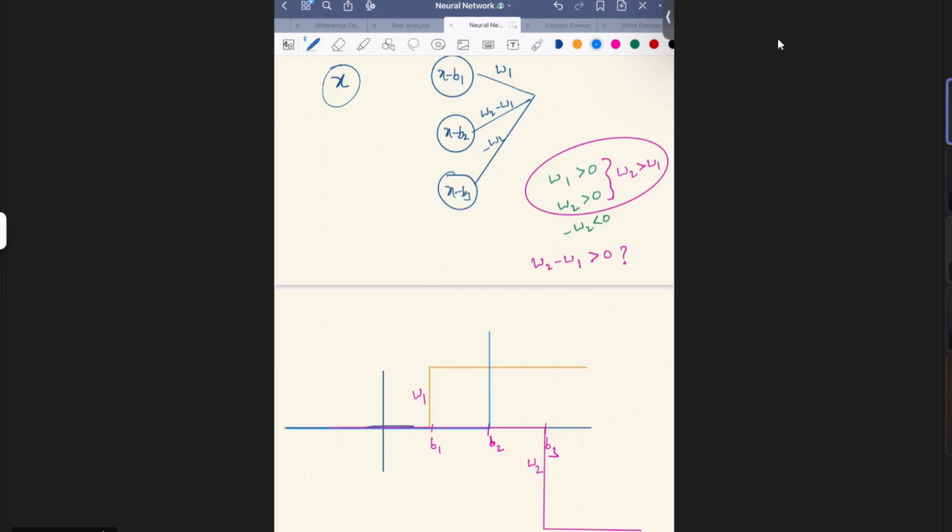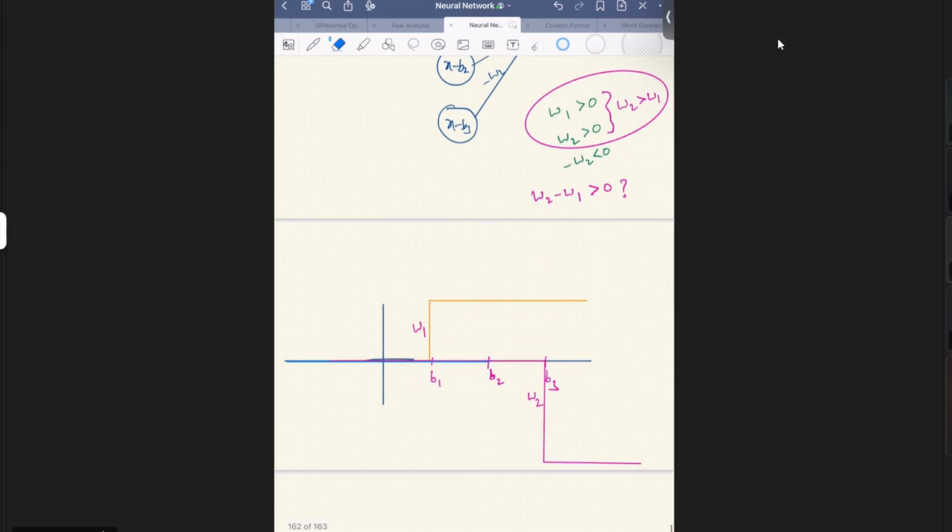So then, okay, let's see if this one is the thing. The height would be kind of like this, because W2 is positive, W2 is down, and W1 is this one, and actually W2 is a negative side domination, W1 is positive side domination.